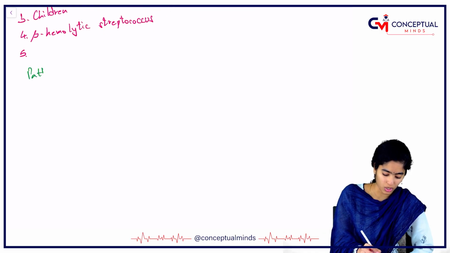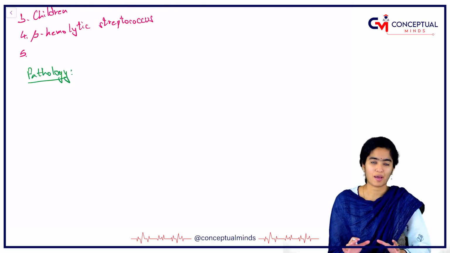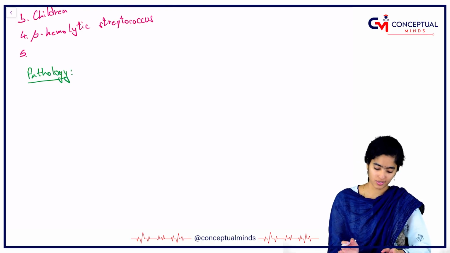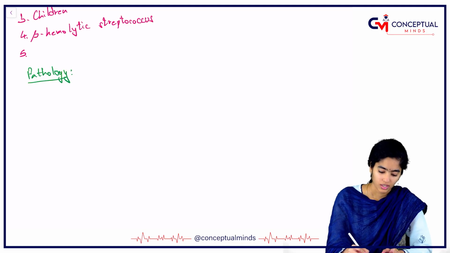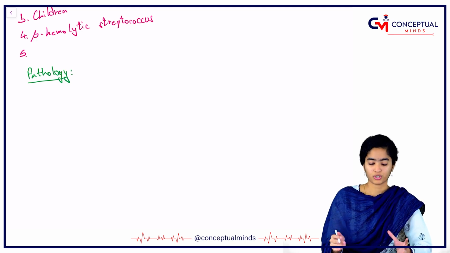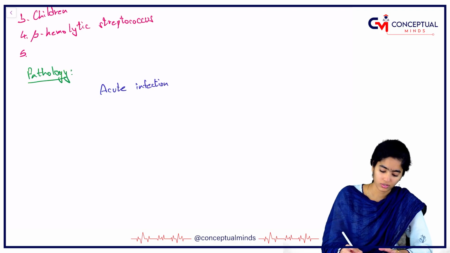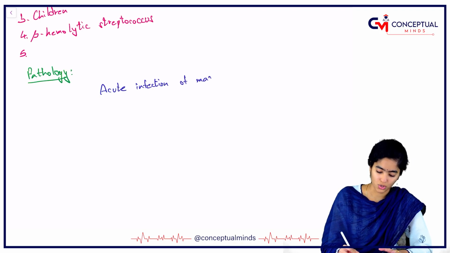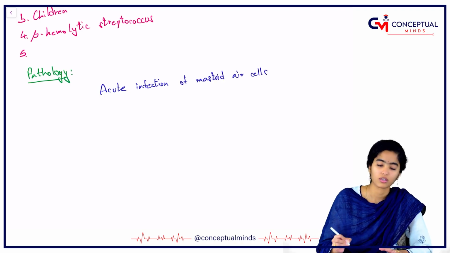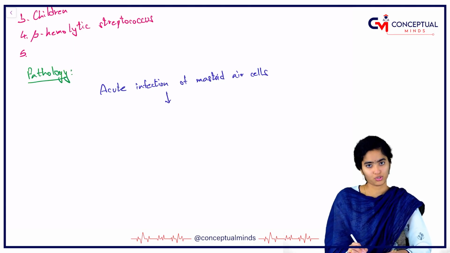Now let's look into the pathology. Step by step, let us look at what exactly is happening in acute mastoiditis. First, as you know, there is acute infection of the mastoid air cells. Infection will lead to inflammatory changes.